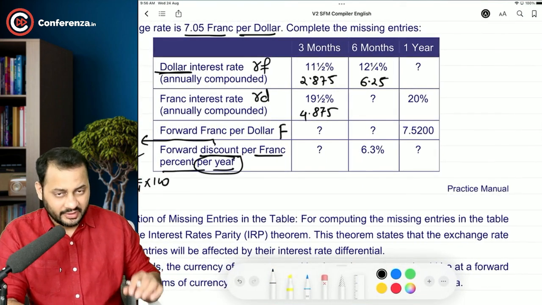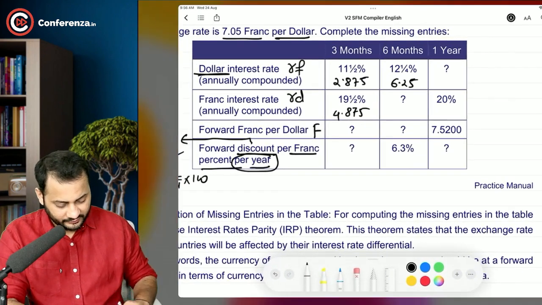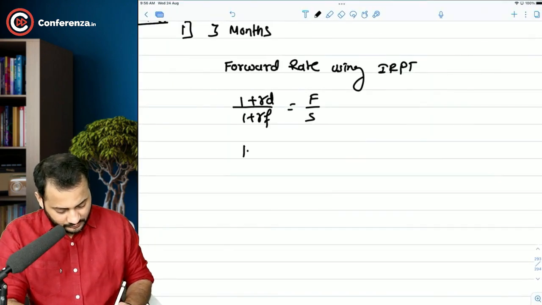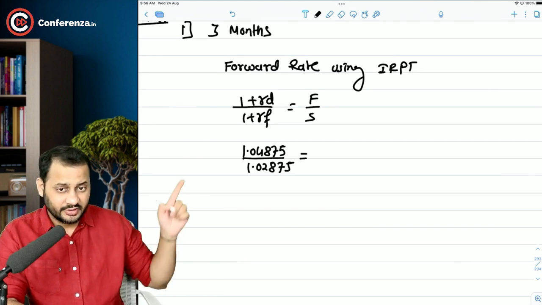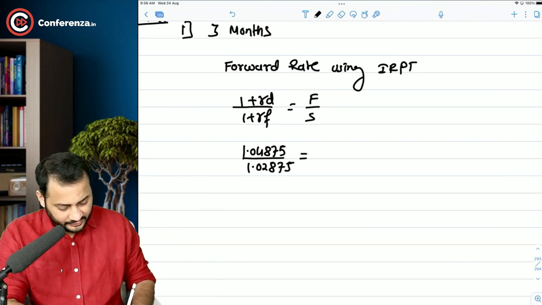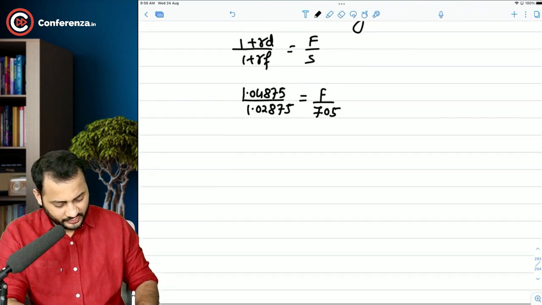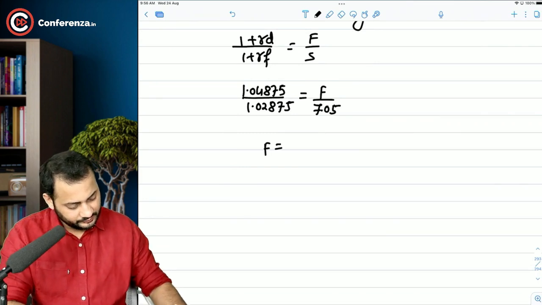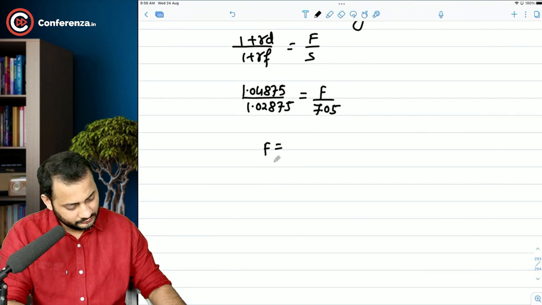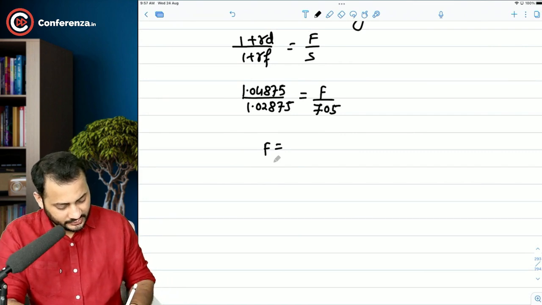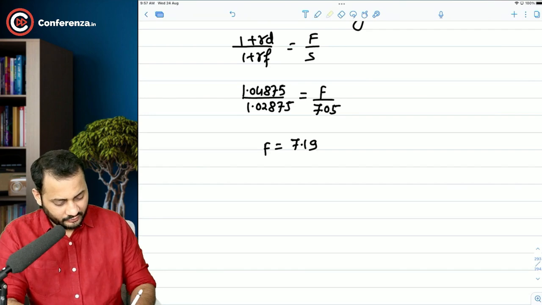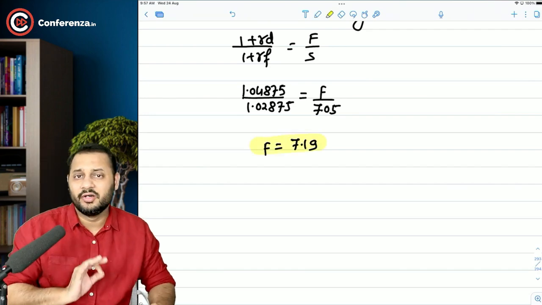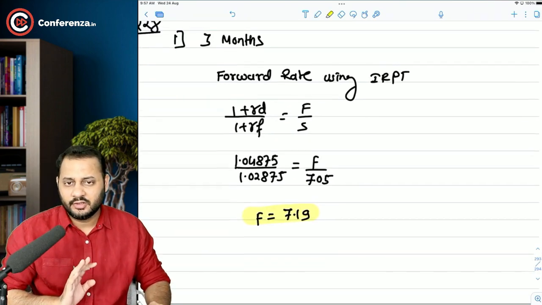For 3 months, RD is 4.875, so 1.04875 divided by 1.02875, the foreign currency interest rate. Forward rate is what we have to calculate, and the spot exchange rate is 7.05. If you solve this equation, you will get 7.19 franc per dollar. This should be the forward rate for 3 months. Done with the first part.